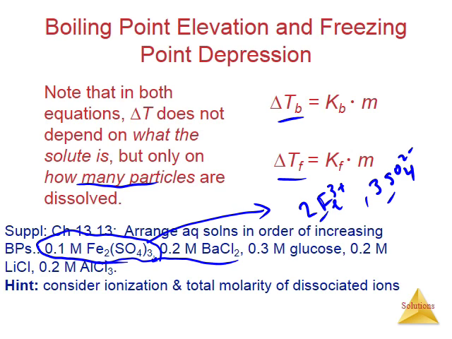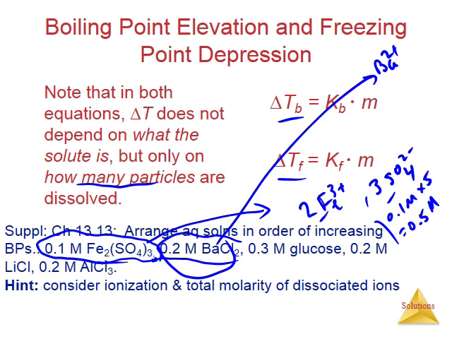So even though we had 0.1 molar of ferric sulfate, that 0.1 is now multiplied by 5 because it's no longer 1 unit in solution. So it acts like a 0.5 molar solution. In case of barium chloride, there are 3 particles coming out of it. Barium 2+ and 2 Cl-. So let me show you that.